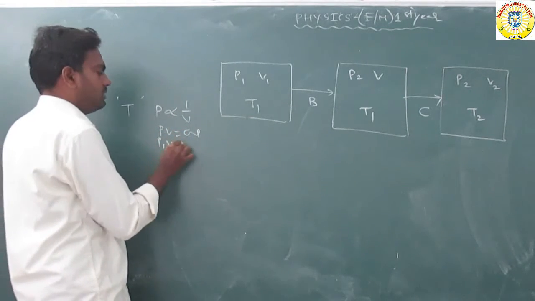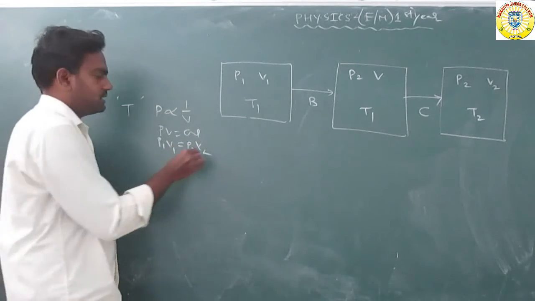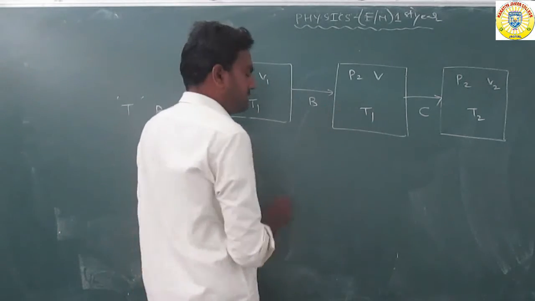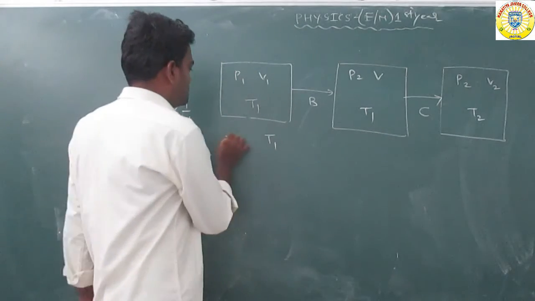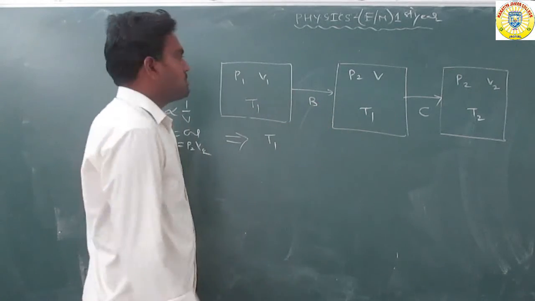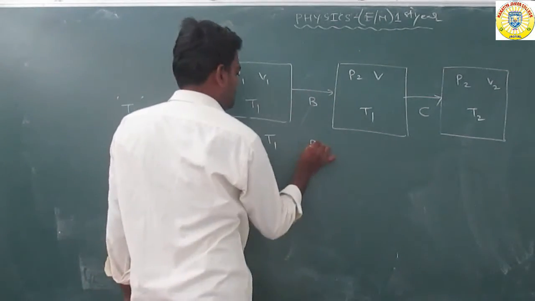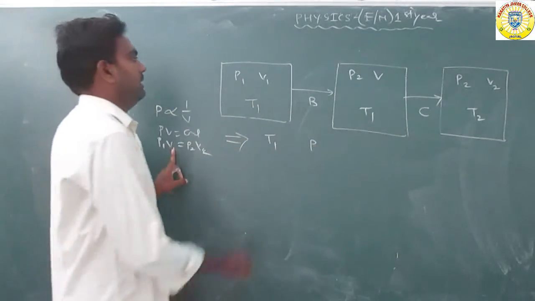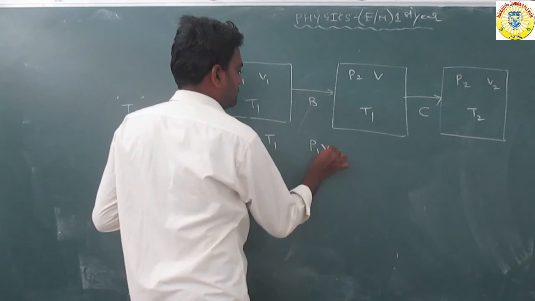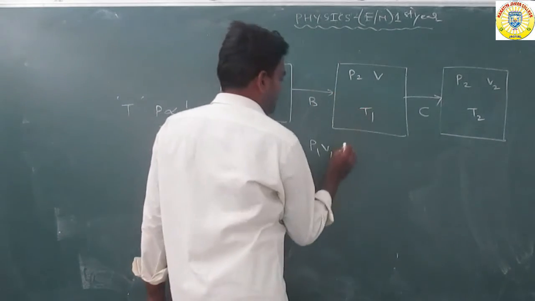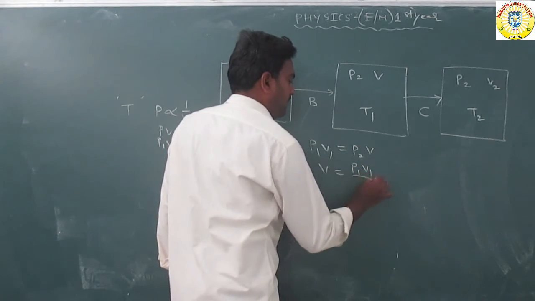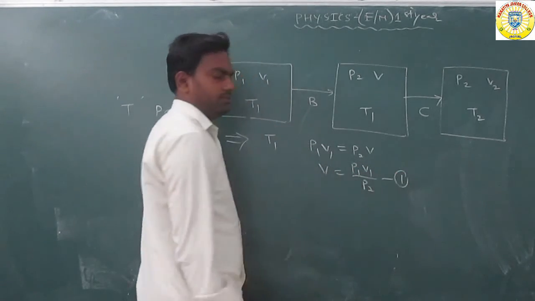So P1 V1 is equal to P2 V, so V is equal to P1 V1 by P2. That is equation 1.